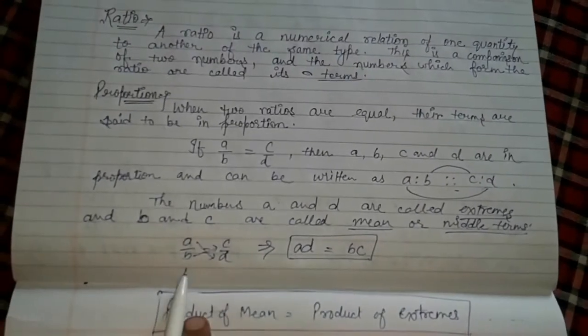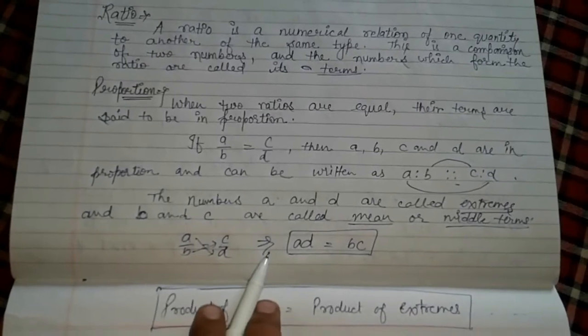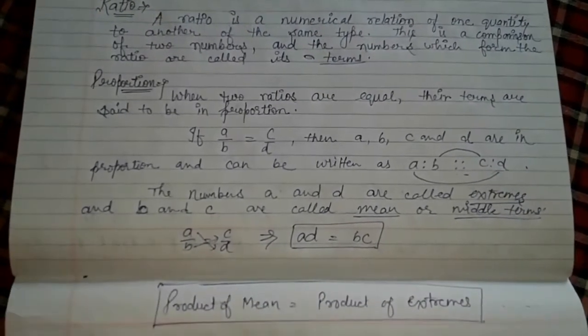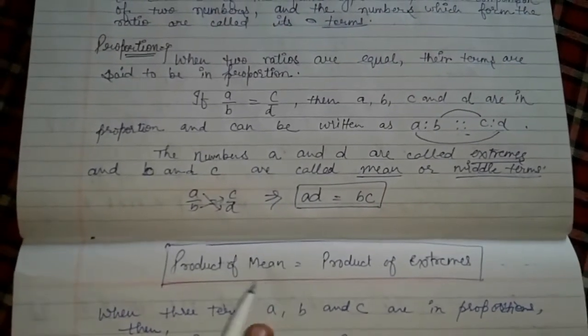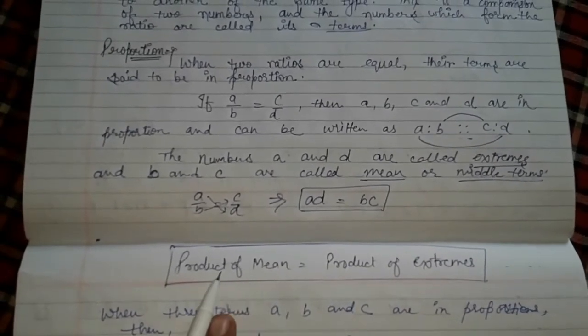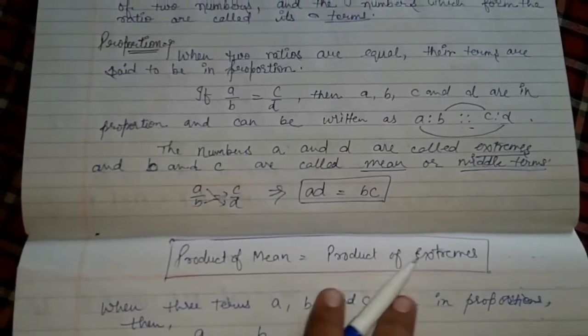So, A upon B equal C upon D is to be said as AD equal BC. And it forms a formula: product of means equal product of extremes.